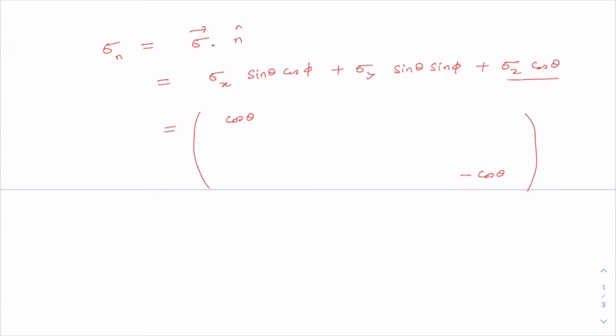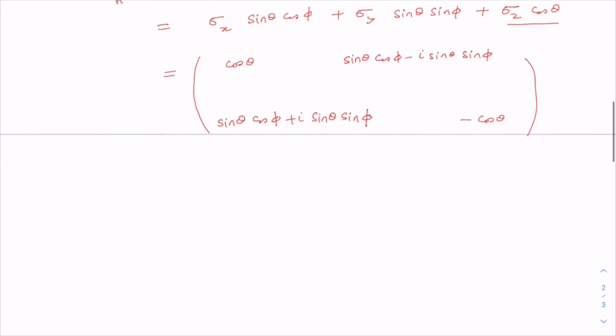Then because of sigma x and sigma y, I will have here sine theta cos phi minus i sine theta sine phi, and here sine theta cos phi plus i sine theta sine phi. And of course this should be the case because this matrix is a Hermitian matrix.